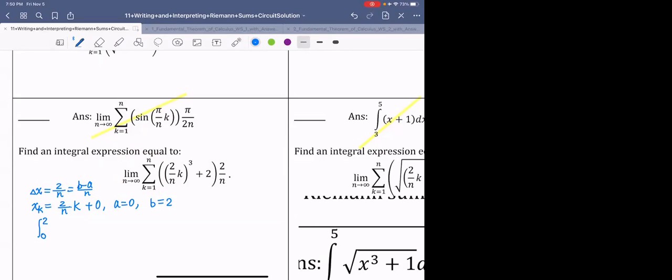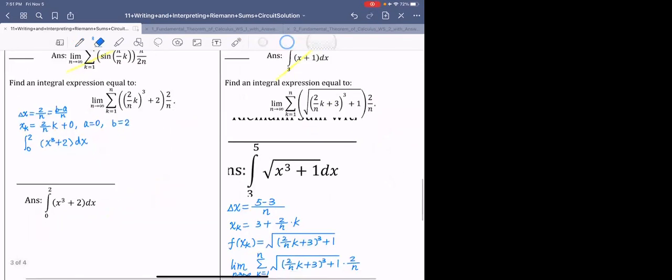Yes. And then what do I write down here for the dx? What should I write down here? x cubed plus 2. Sure. Make sense to you now?